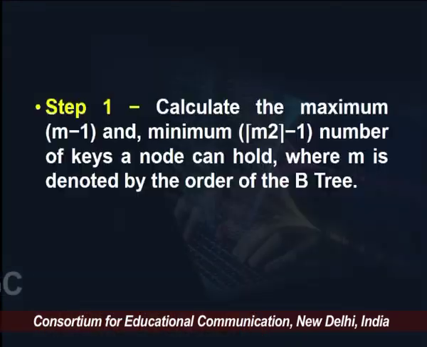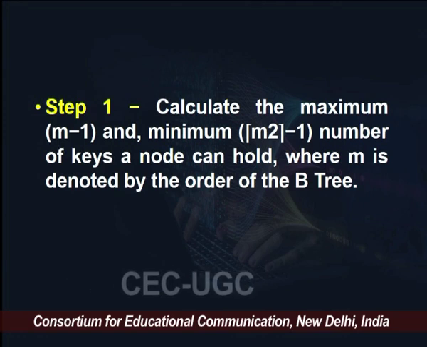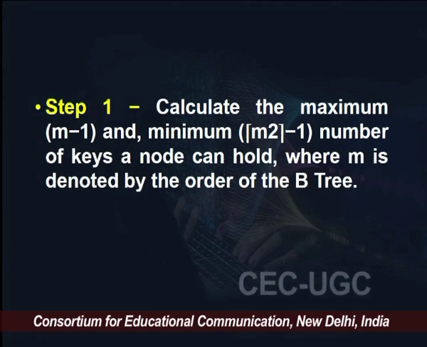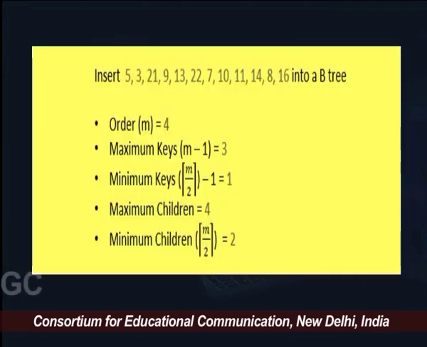So the minimum number of keys will be m by 2 minus 1, and the maximum will be m minus 1. Now for example, we have a tree of order m is 4.